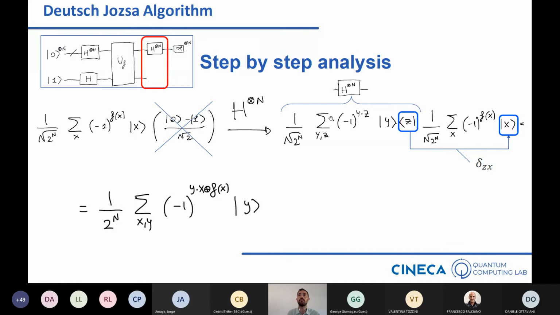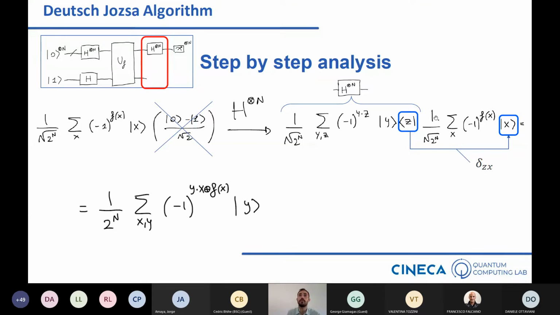So you can rearrange everything in this way. As we said, z becomes x. This becomes x, and x times x is 1. These two in blue become 1, since it's a scalar product.